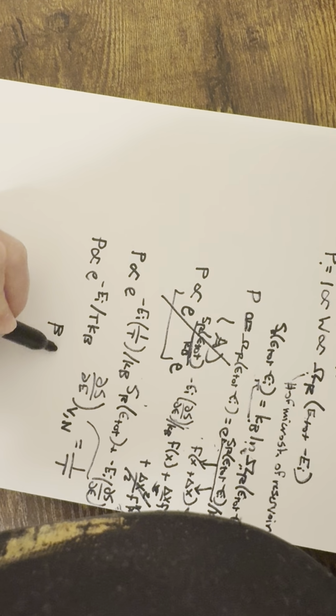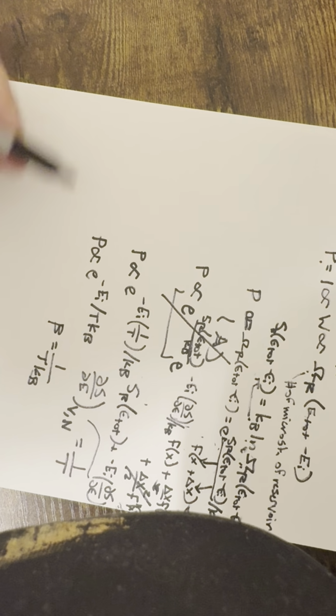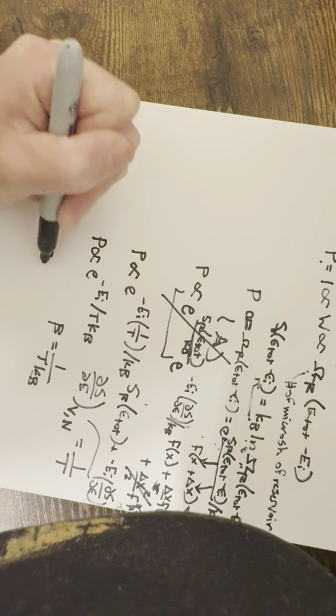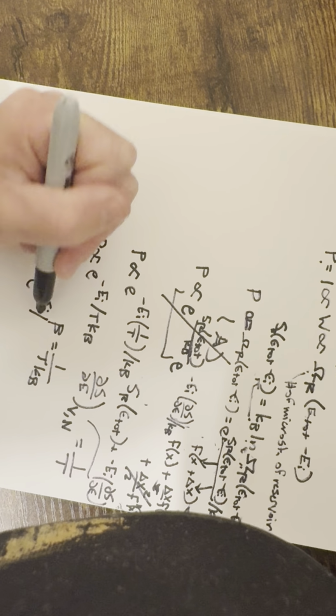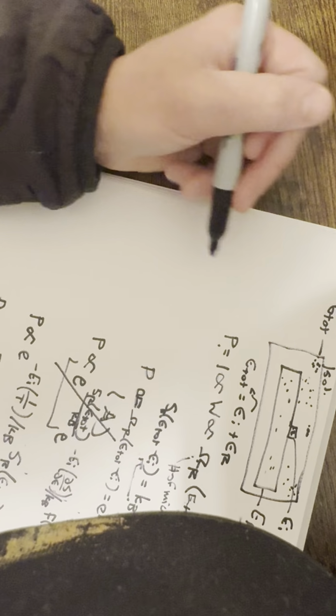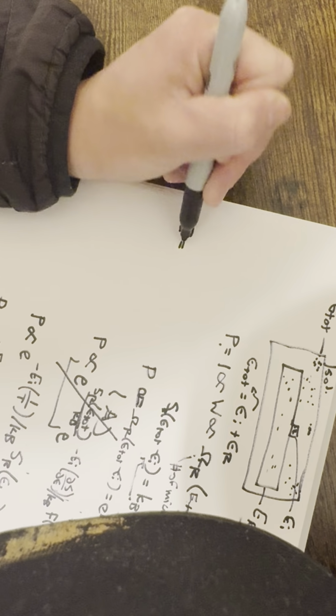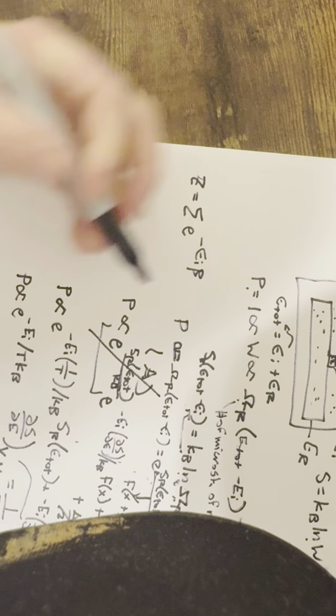Now we can define beta to equal 1 over T k_B and plug beta in. So we have probability proportional to e to the negative E_i times beta. Now our partition function, Z, is the summation of e to the negative E_i beta, which we have right here.